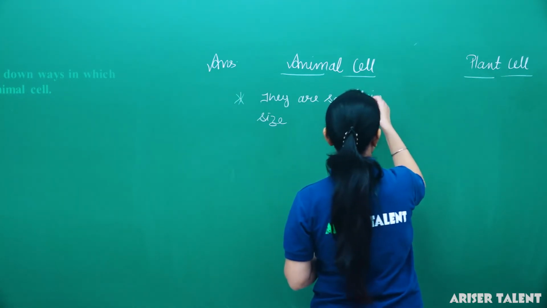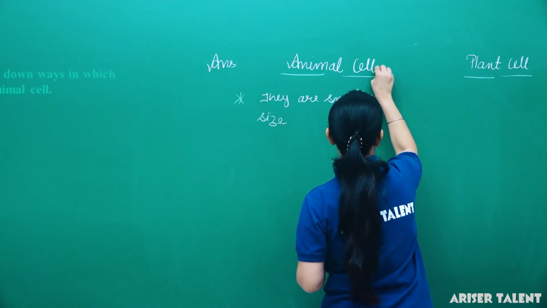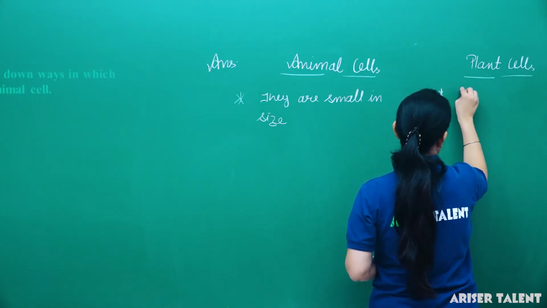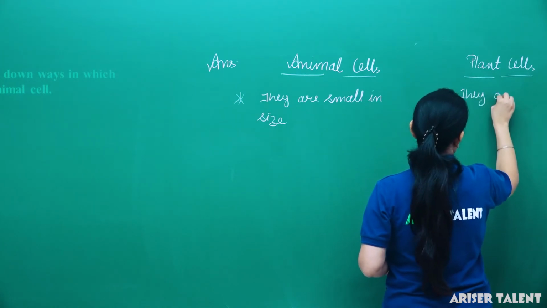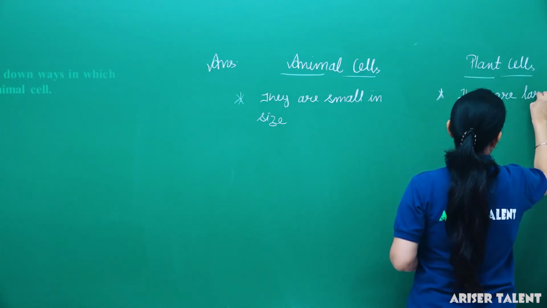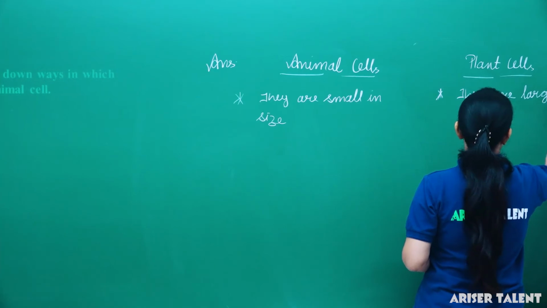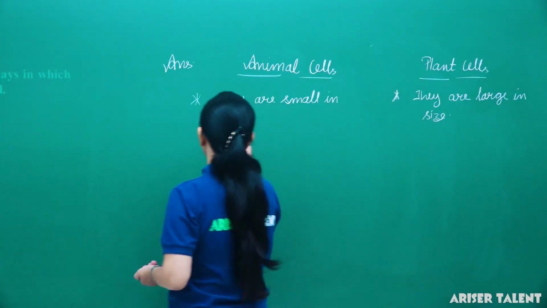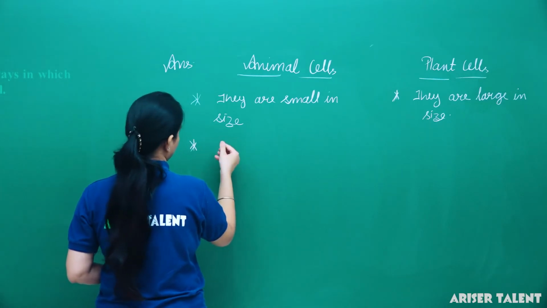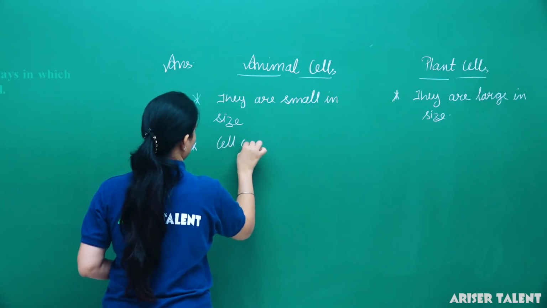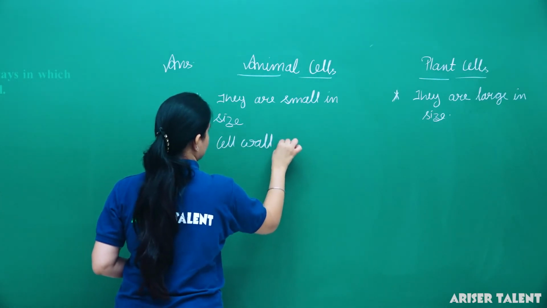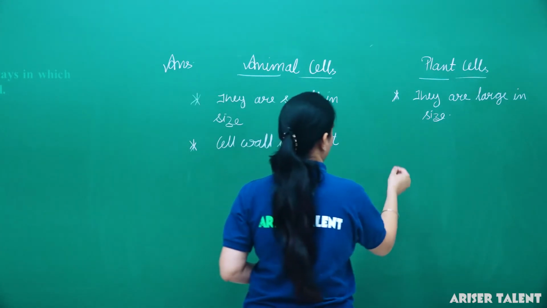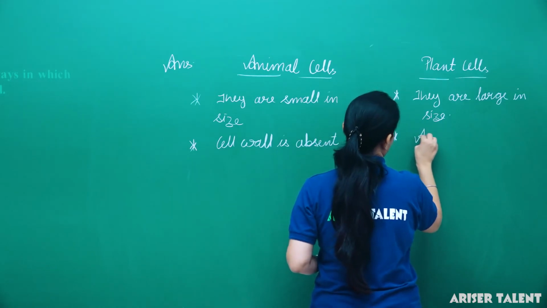And plant cells are large in size. Okay, and if we talk about the cell wall, then in animals, cell wall is absent, and here in the plants it is rigid.